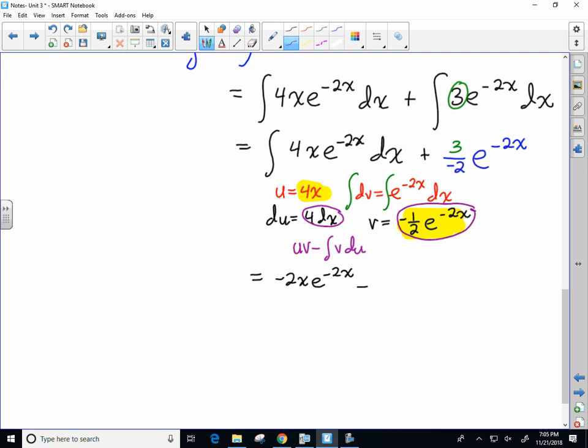So multiply those two together, and we're looking at negative 2, so that'll make the negative negative into a positive 2 e to the negative 2x dx. You can leave the 2 inside or outside, it's not going to make a difference. So now that's something that's much easier to integrate.